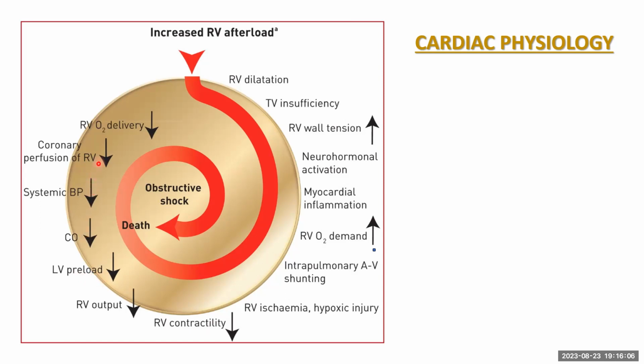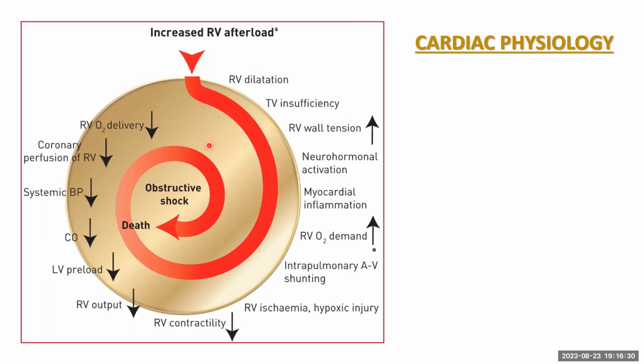And because the right ventricle perfusion is dependent upon the systemic blood pressure, there is decreased oxygenation of the right ventricle. So along with the fact that the right ventricle requires more oxygen because more work is required of it, there is decreased oxygenation also. So this leads to RV ischemia, and this is a continuous spiral.